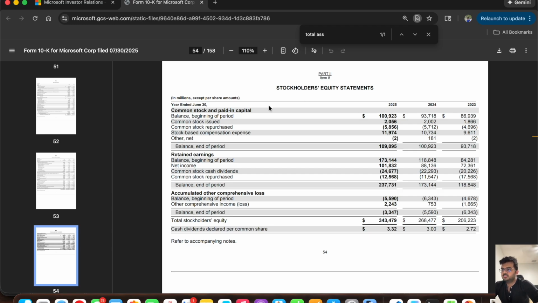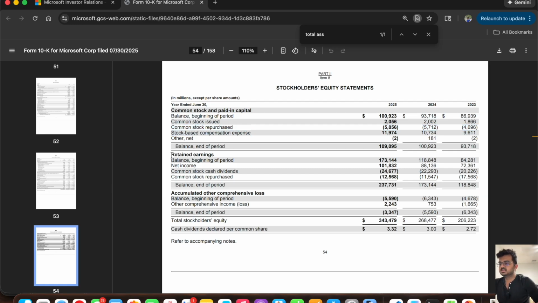Common stock and paid in capital is calculated as balance at beginning of period plus the common stock issued, less the common stock repurchased, and then subtracted with stock based compensation expense. Right now we don't know the repurchase or the stock based compensation. These two line items will come when we do the cash flow statement. So let's hold it off now and come back after we complete the cash flow statement.